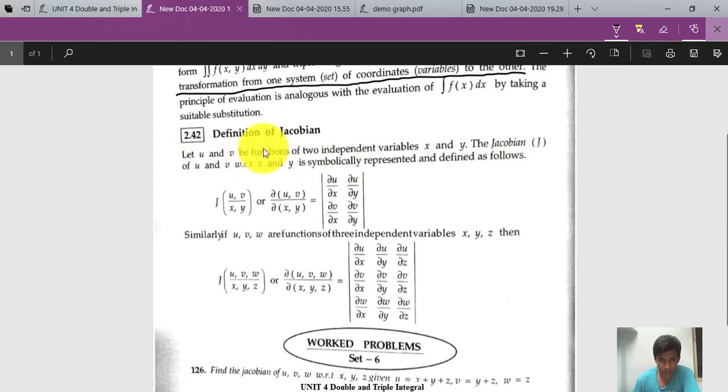This is one of the definitions: suppose u and v are functions of two independent variables x and y, the Jacobian of u and v with respect to x and y is symbolically represented as J of u, v by x, y. Here the transformation of variables is taking place, and this is how we take its determinant.